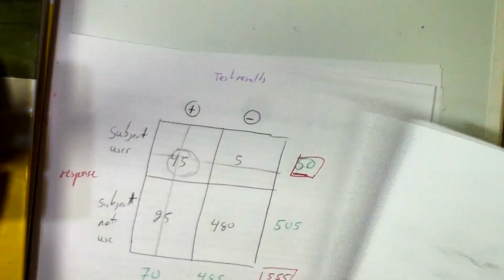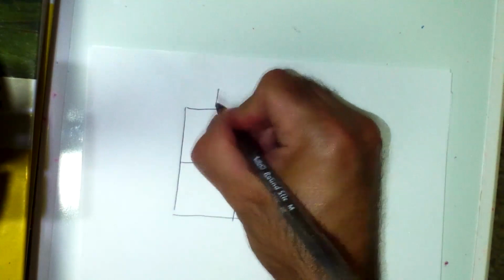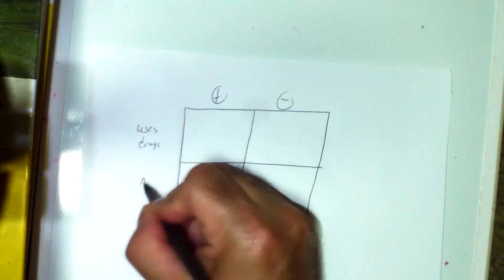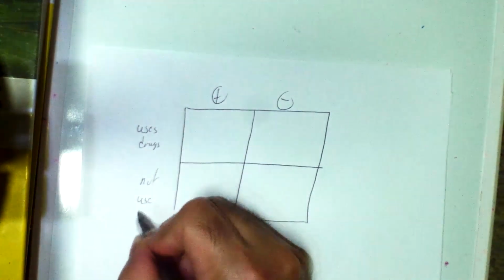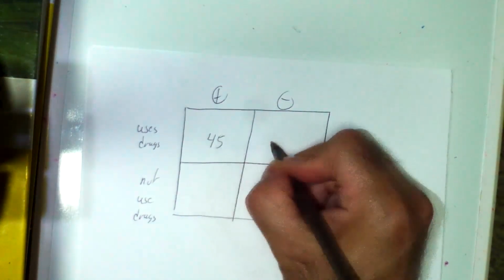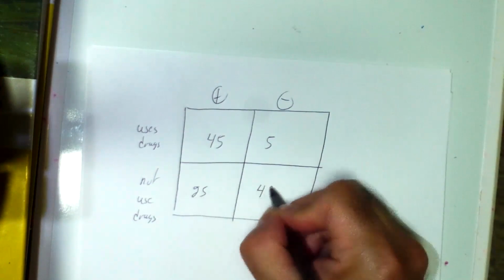Good question. Let me draw another graph, and I will show you when you use the disjoint. So this was plus, this was minus, use drugs, not use drugs. You put in the numbers 45, 5, 25, 480.